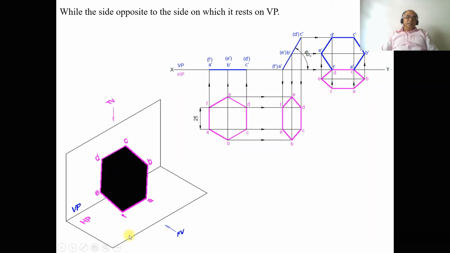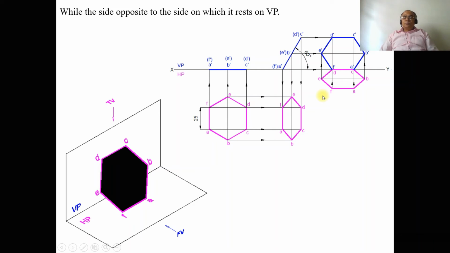So what we do, we reorient the second position by rotating by an angle of 90 degrees such that CD rests on VP, and then to this we draw the front view as well as the top view. How do I know that my problem is right here? You can see the side A dash F dash is resting on HP, and the opposite side CD rests on VP here. So this is how you will be able to analyze this problem.